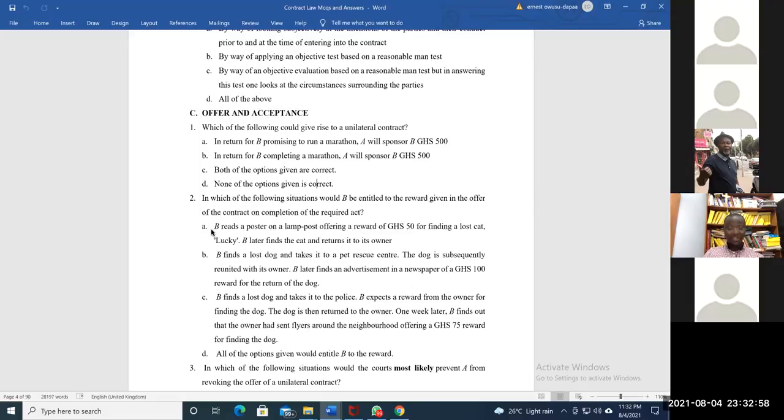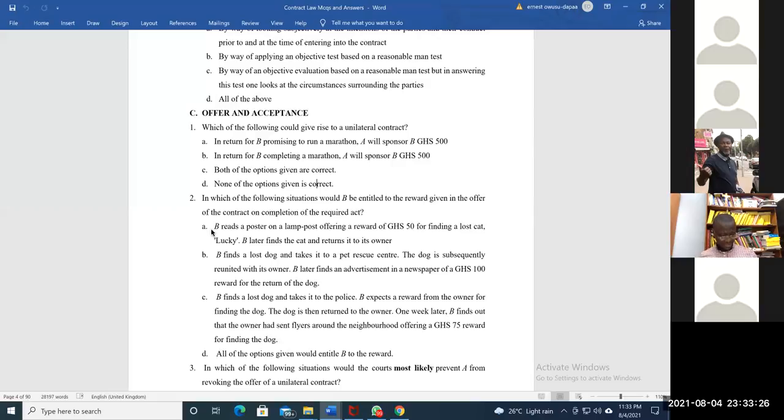So decide the case of R and Clark. R and Clark is an Australian authority. This means that the act, which is the purported acceptance, cannot have been performed before any promise of a reward was made. So that is the position represented by R and Clark.